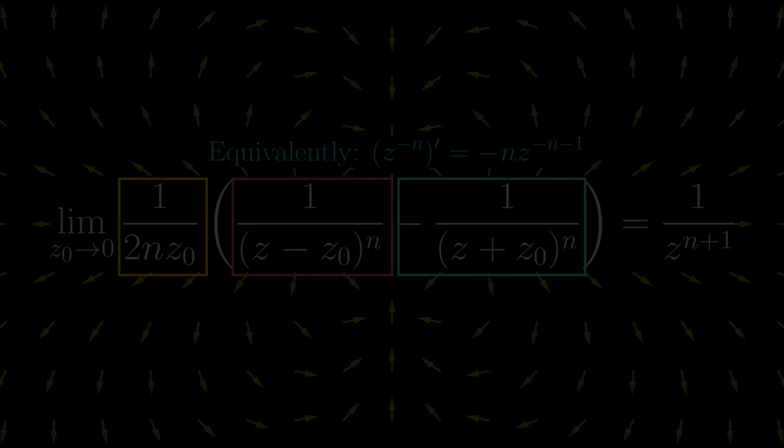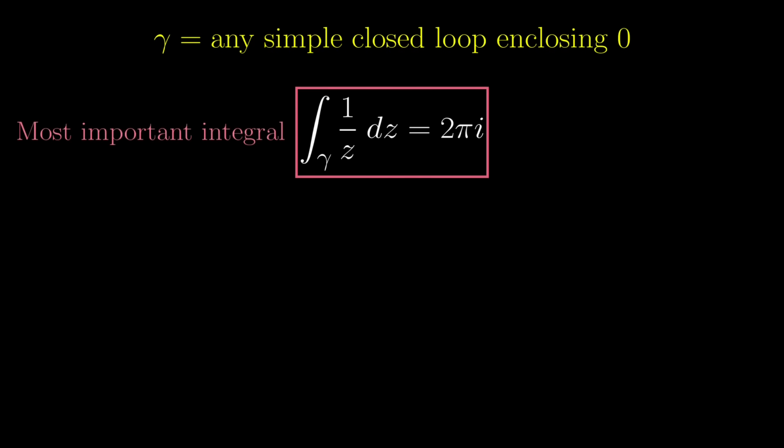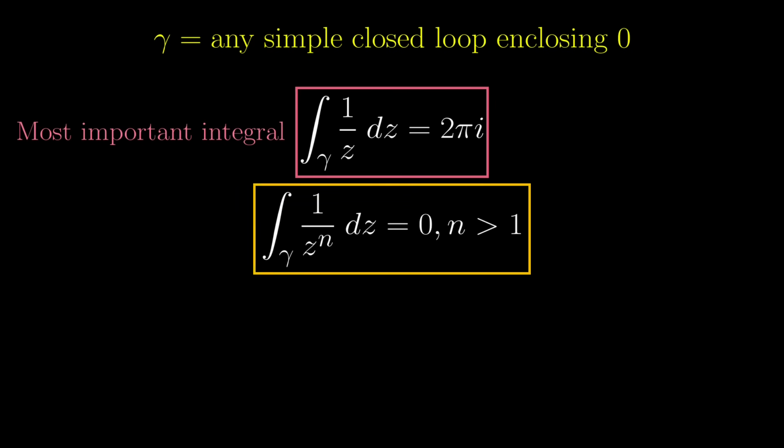Anyway, in summary, for gamma being a closed loop around the origin, first off, the integral of 1 over z is 2 pi i, which is, as I said before, the most important integral. Next, we have the integral of 1 over z to the n is 0 as long as n is larger than 1. This is what we have spent this entire chapter on.